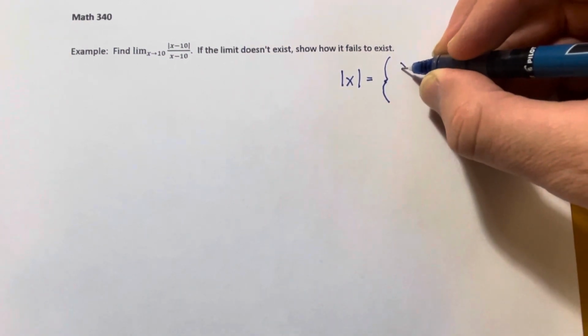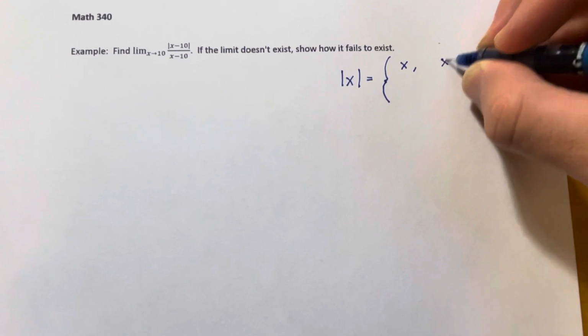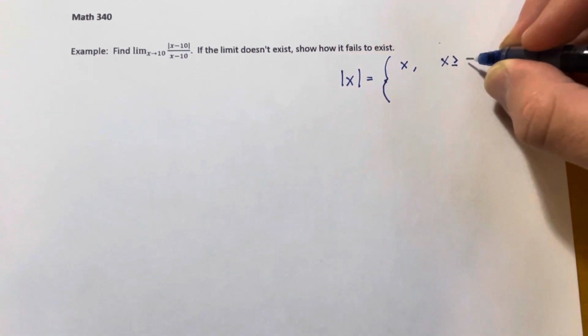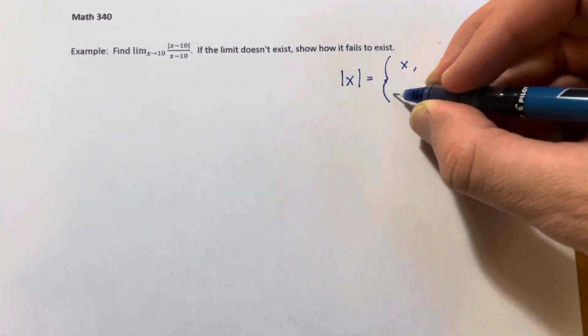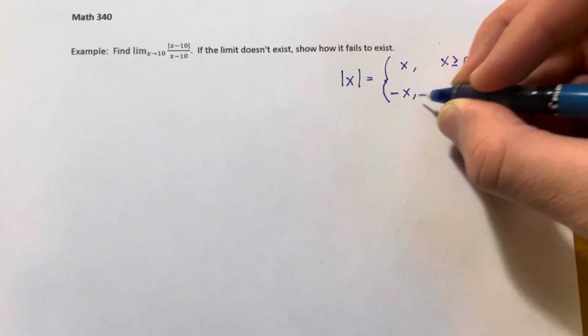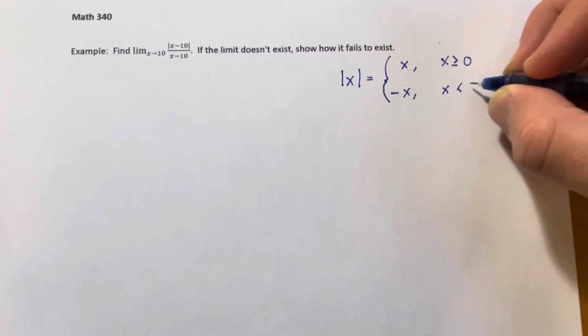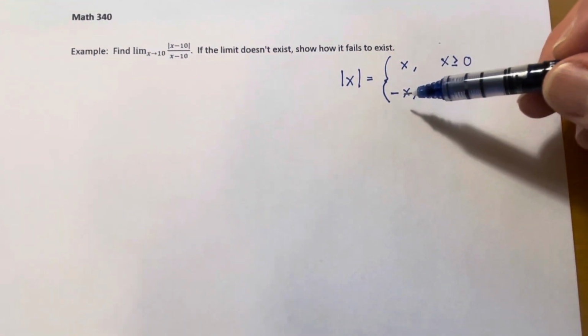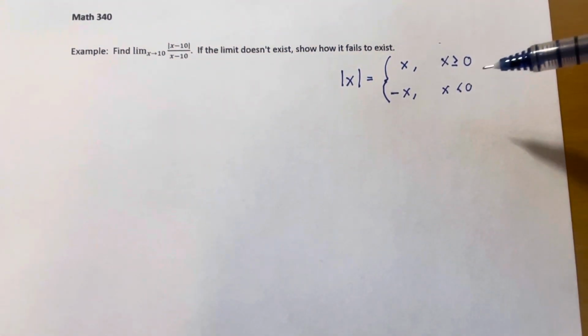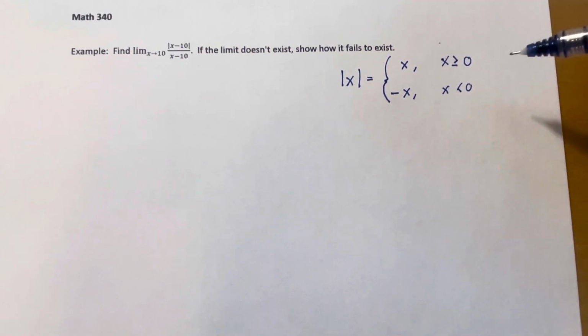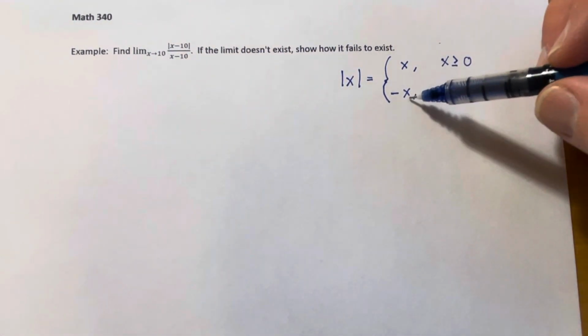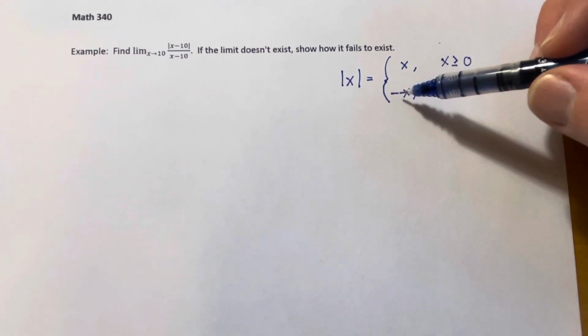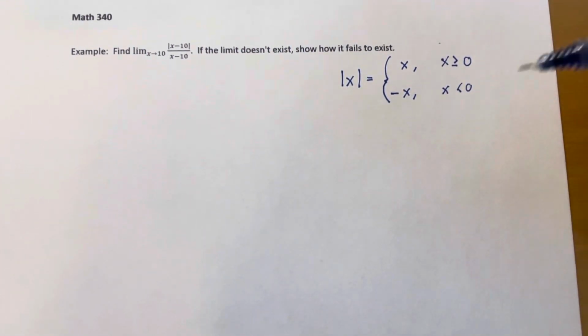It's equal to x if x is greater than or equal to 0, and it's equal to the opposite of x if x is less than 0. People get a little tripped up with this because they see that minus sign there and they think that means negative x. And even though that's normally how we would read that, this is actually a positive number even though there's a negative in front of it. And why is that?